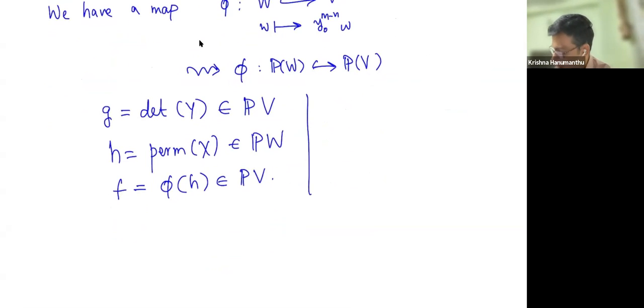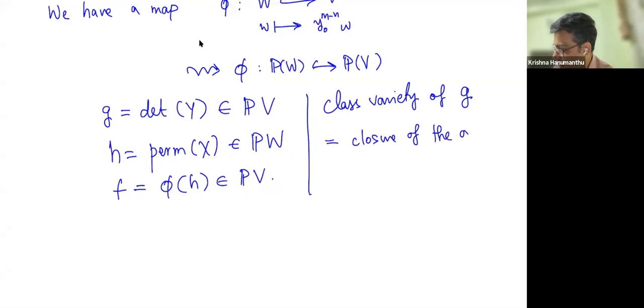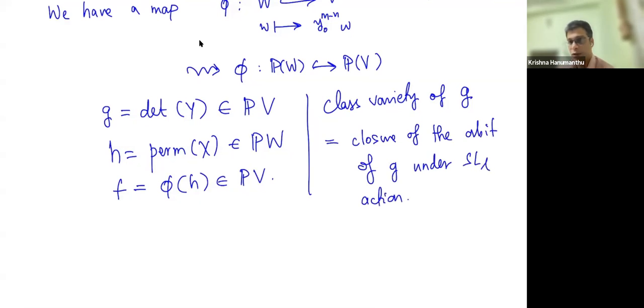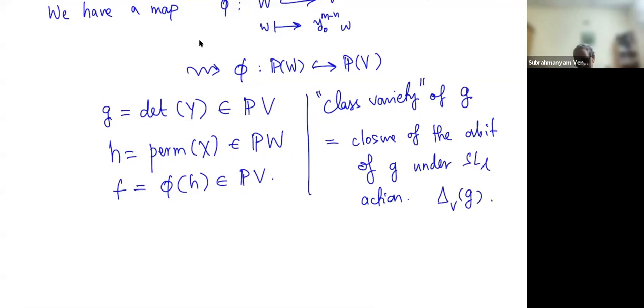So one can define the class variety of, let's say, G, the determinant function, as by definition the closure of the orbit of G under the SL action. So you take the orbit of G and you take the closure. That's called the class variety. Similarly, you have the class variety of the permanent, denoted by this.